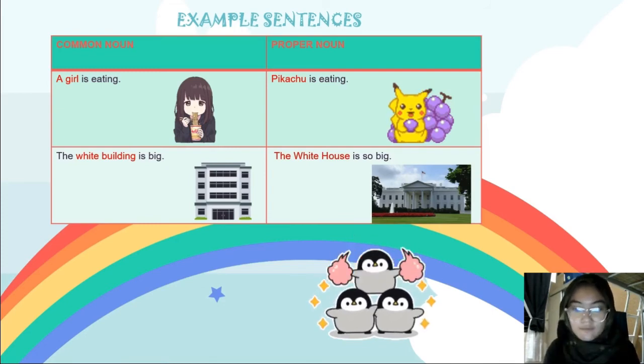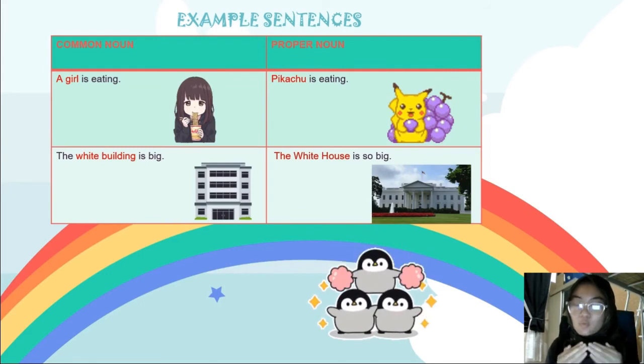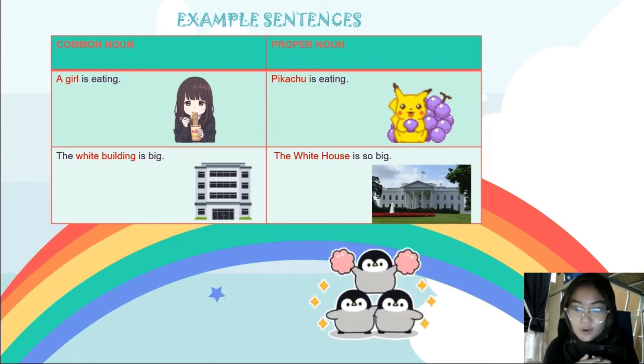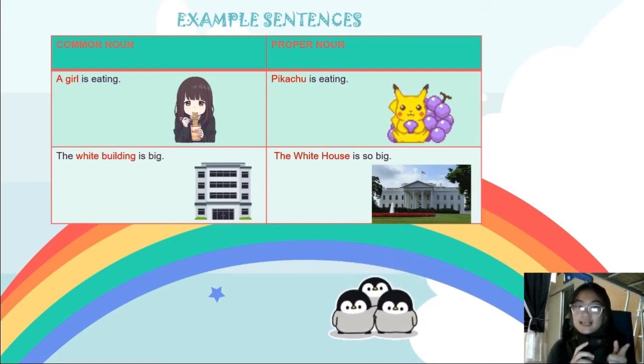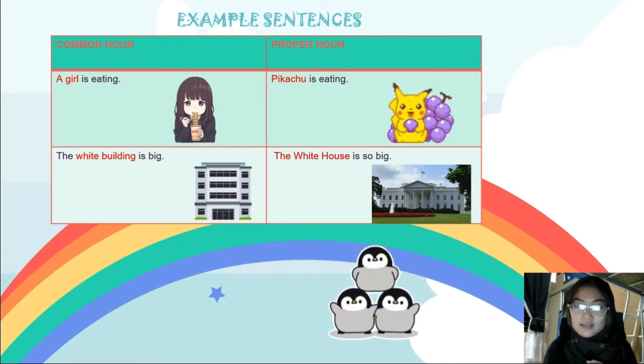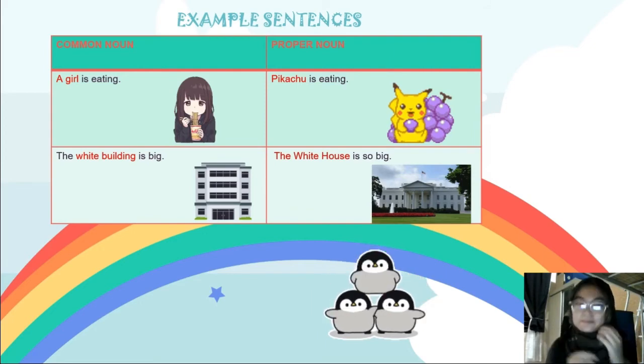We don't have any other information except that it is white in color. So it is a general statement because there are so many white buildings in Malaysia. Am I correct? Yes. Okay, that is why that is a common noun because it is general. The white building is big.